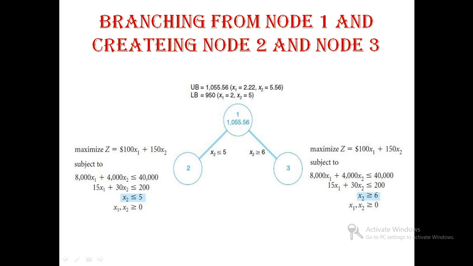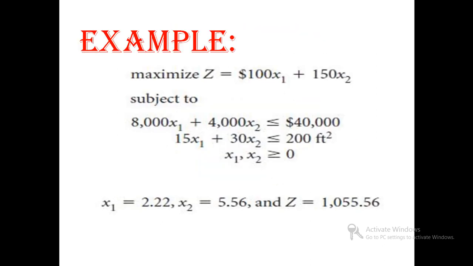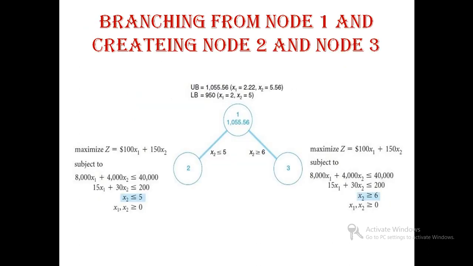Since 0.56 is greater than 0.22, we put the integer restriction on the variable x2. So we will create two nodes, and two sub problems from this problem by putting a restriction on x2.